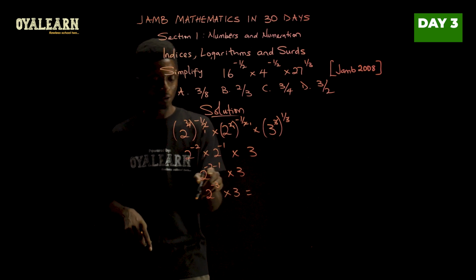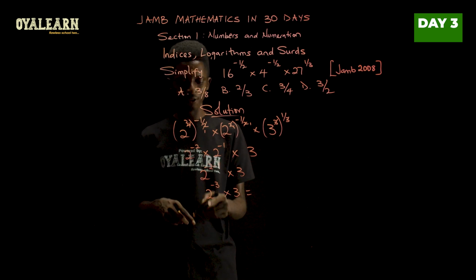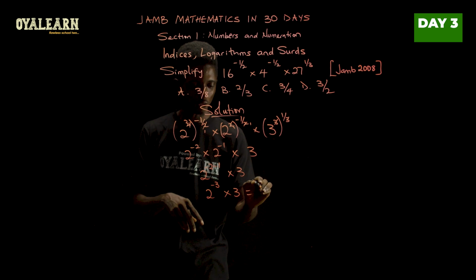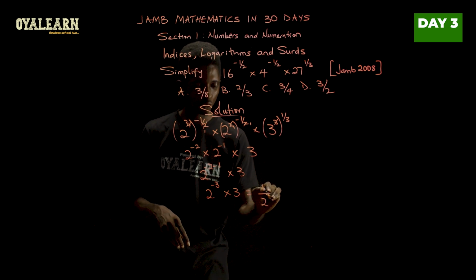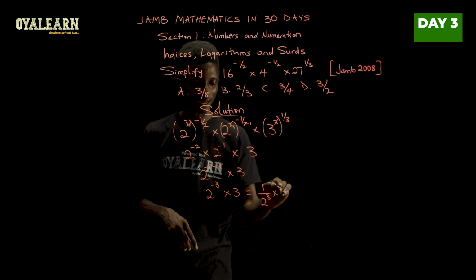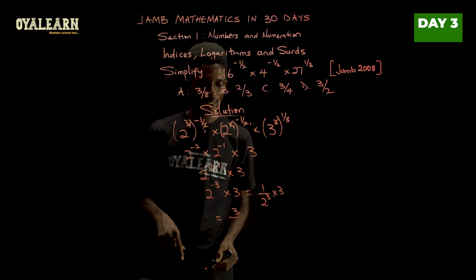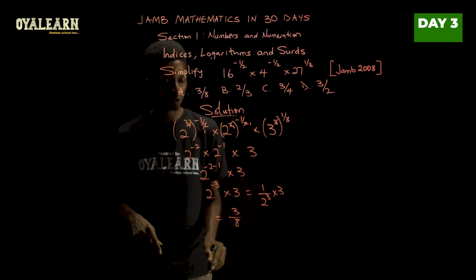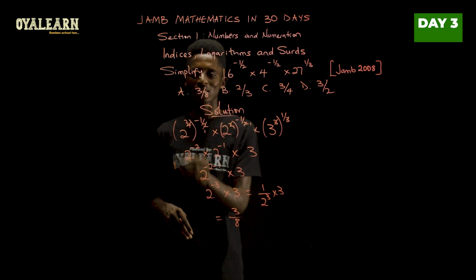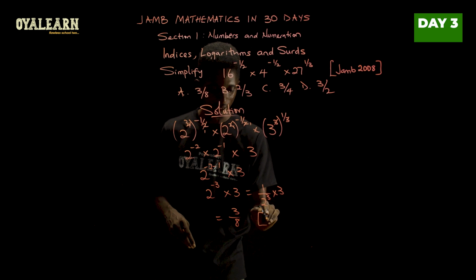Now, we can write this from negative index to positive index. So it will be 1 over 2 cubed multiplied by 3. Now, what this would give us is 3 over, now 2 cubed is 8. So what we have is 3 over 8. That is the correct option, is A.